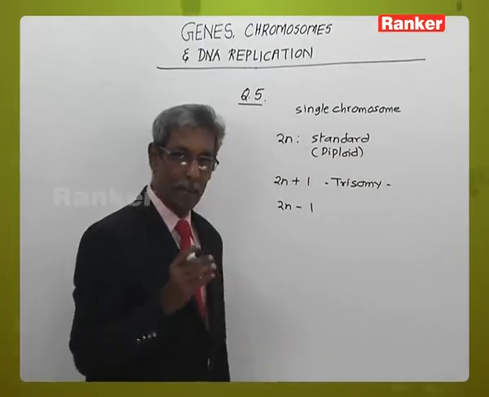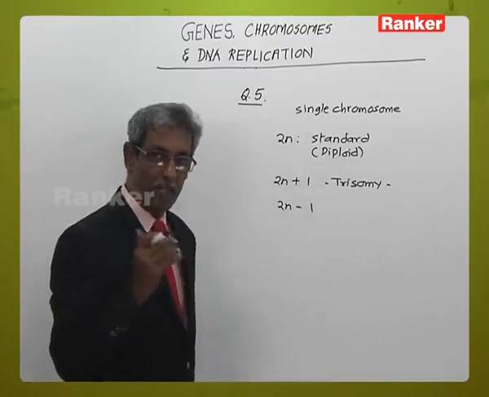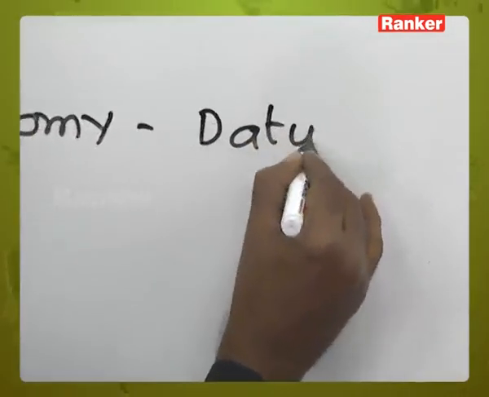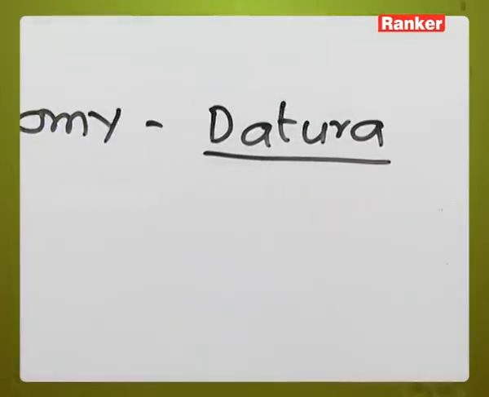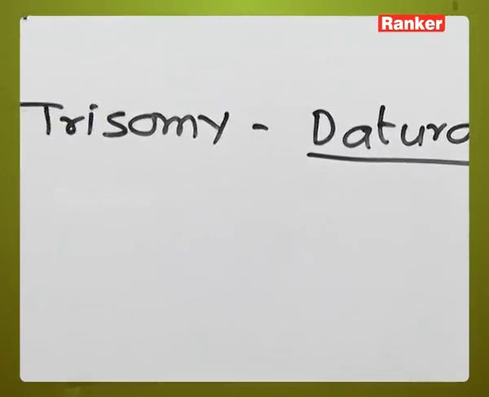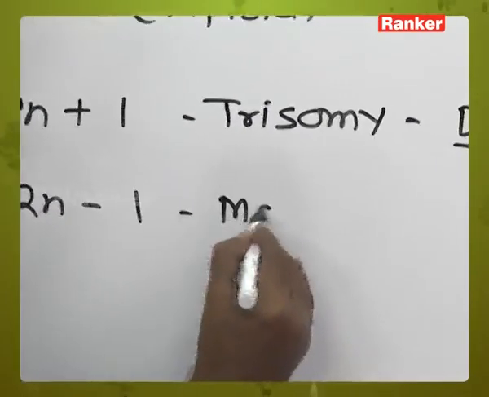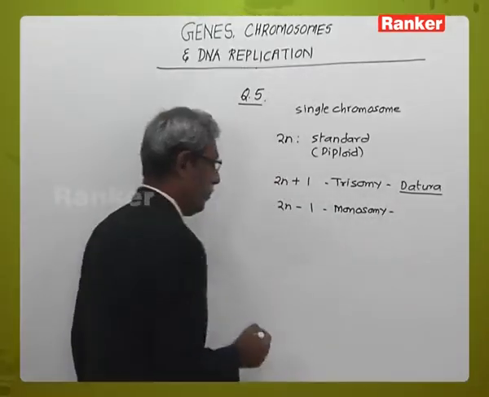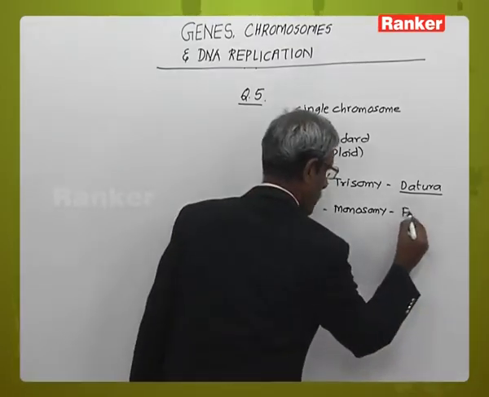Trisomy, or the 2n set plus one chromosome, is a characteristic feature of Datura. And when you take 2n minus 1, this is termed monosomy. Monosomy normally occurs in the case of fruits.